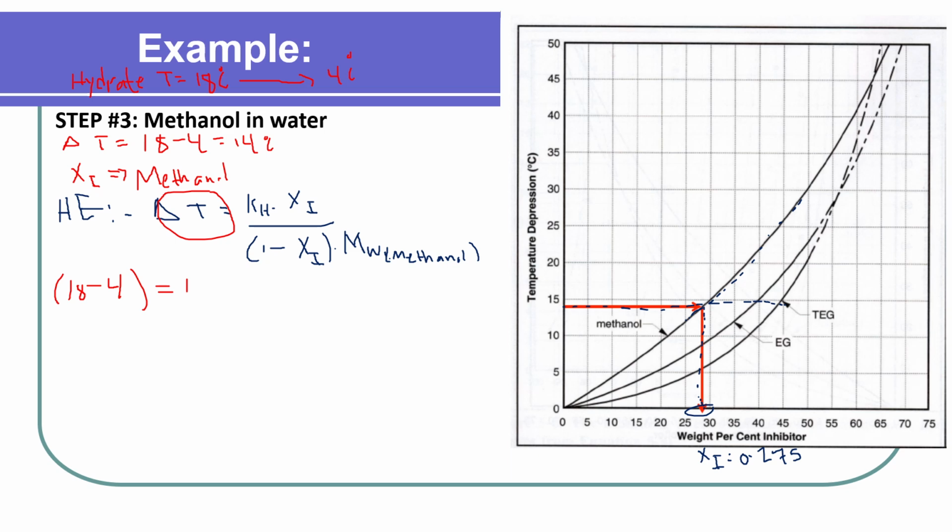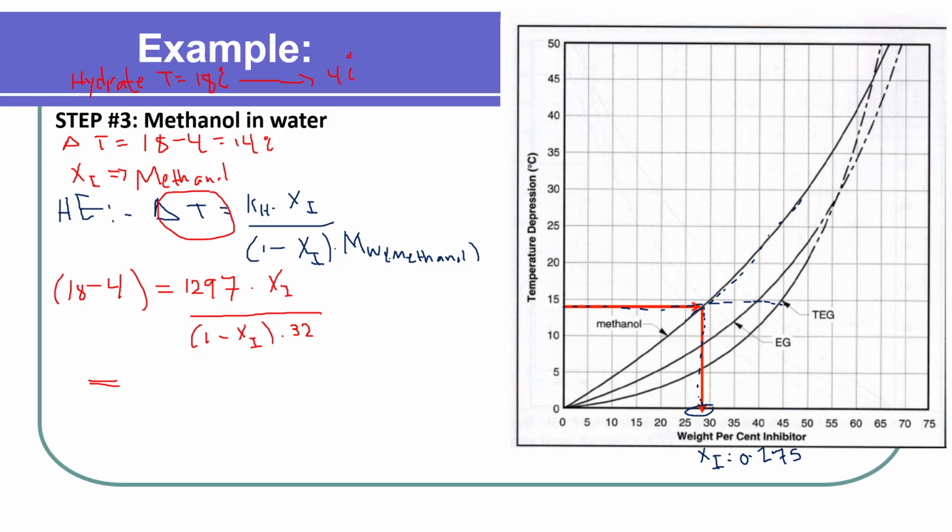If I want to go with the general one, it's 1297 multiplied by Xi, which is the information that I'm looking for, divided by 1 minus Xi, multiplied by the molecular weight of methanol, sorry, which is 32.